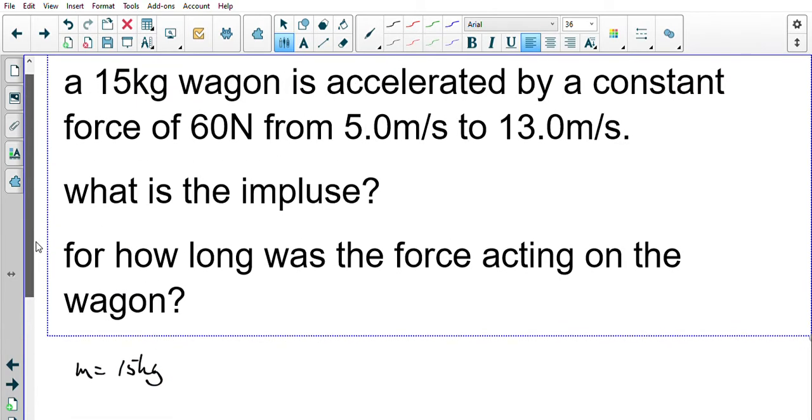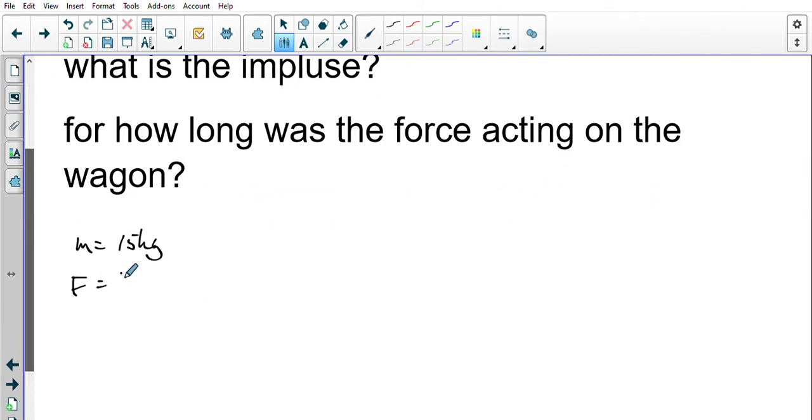We have a force of, sorry, not 6.0, but 60 newtons. Then we have 5 meters per second, an initial velocity, and 13 meters per second, a final velocity.